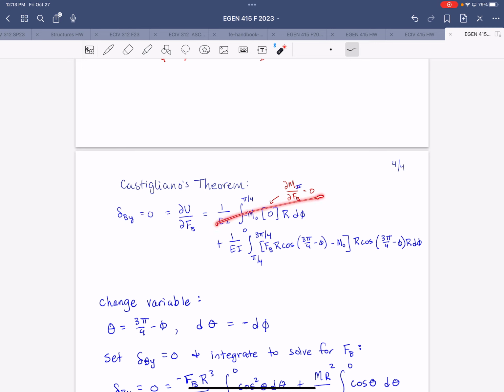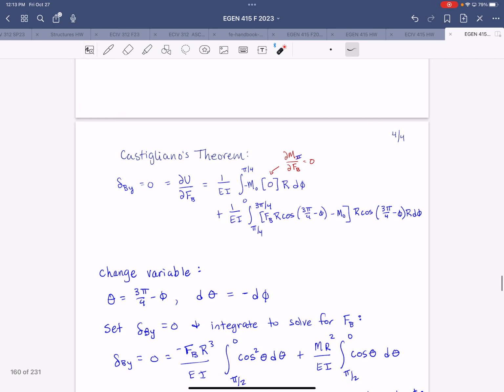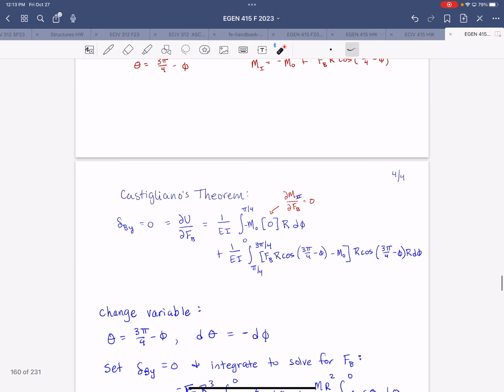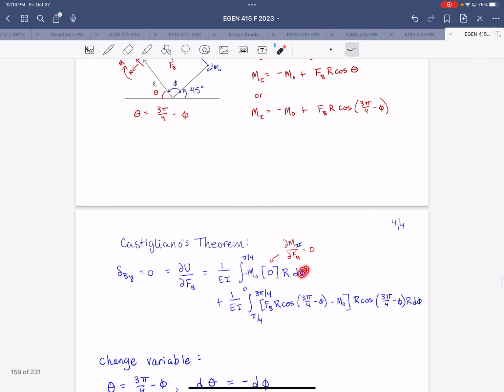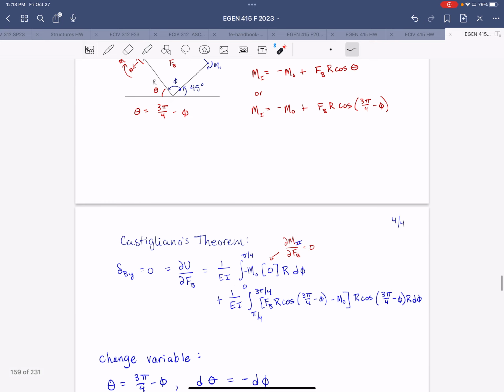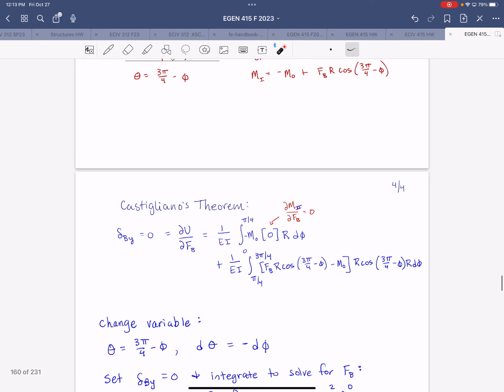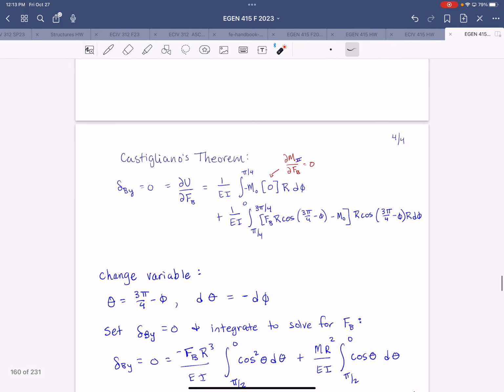So ultimately this does not contribute. Region 1 is where we're going to get all of the data from, integrating with respect to phi as we have it set up, from pi over 4, which is B, to A.